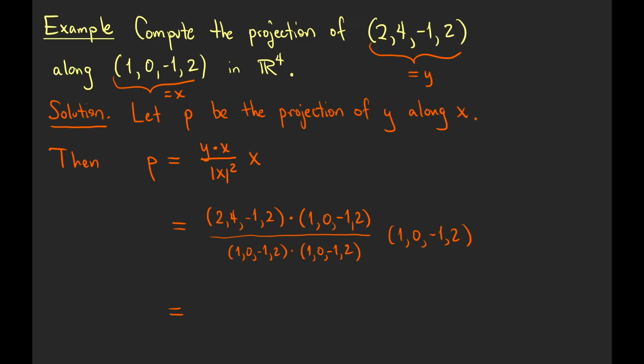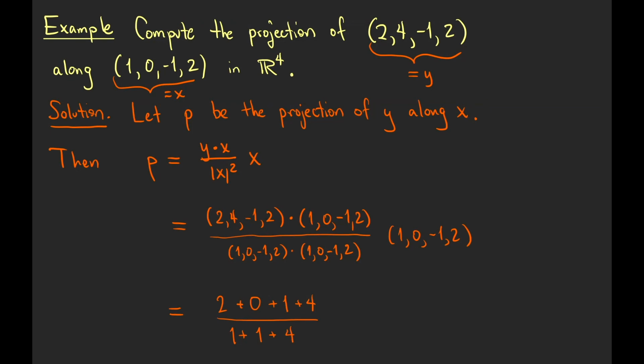Okay, so we just have to compute the numerator and denominator. For the numerator, I get 2, and then 0, and then plus 1, and then plus 4. And in the denominator, I get 1 plus 0 plus 1 plus 4.